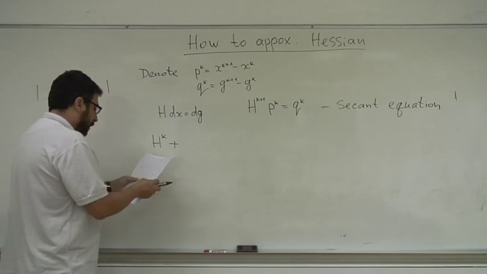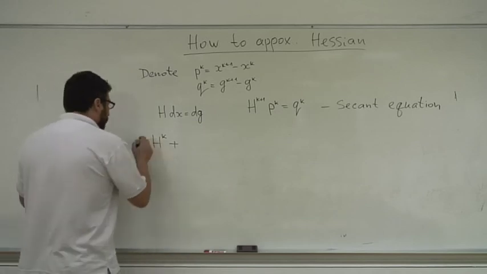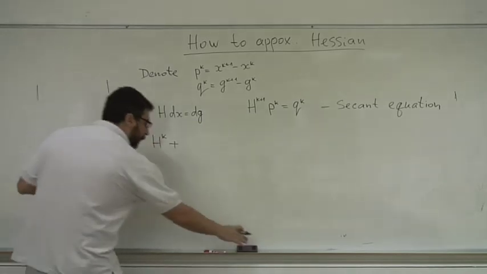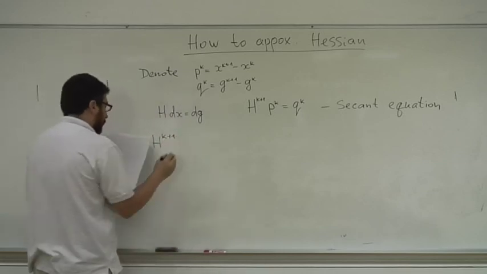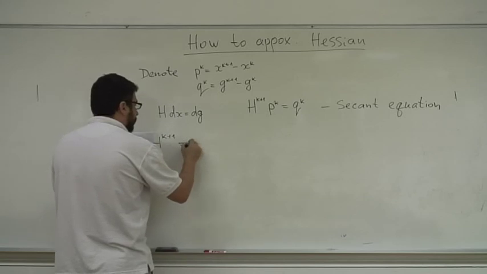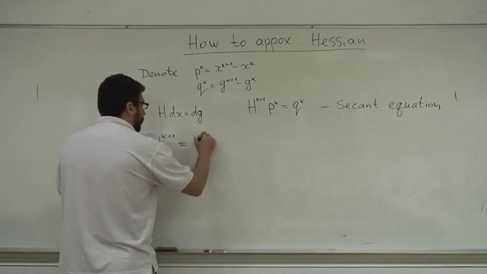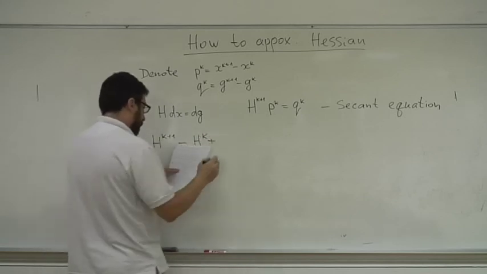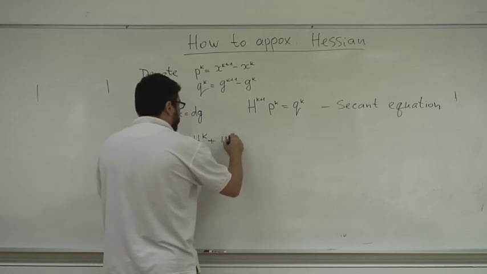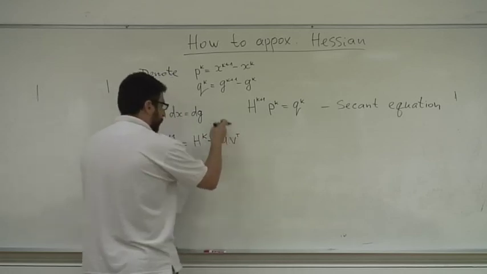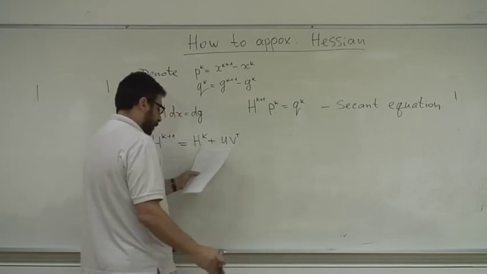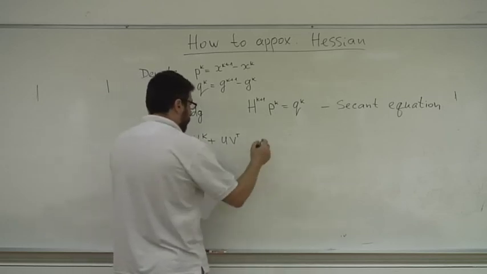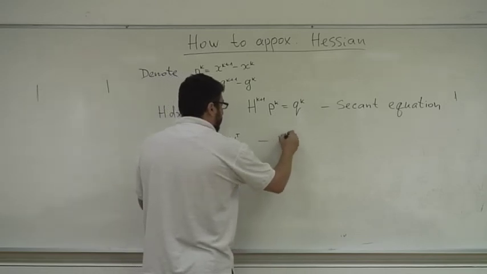So in other words, I will look for H_{k+1} in this simple form, H_k plus u v transpose, column by row, and this I will call rank 1 update.